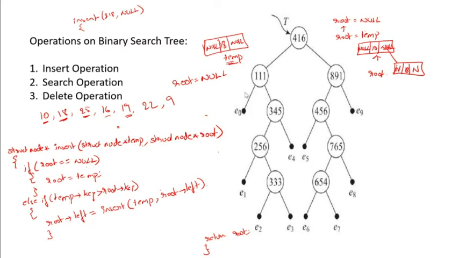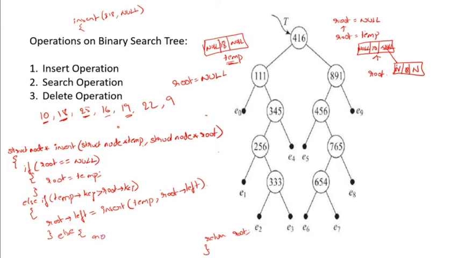Now, in the same way, can you guess what can happen for the next else? If it is not that temp hyphen key is greater than root hyphen key, this is the condition. If it is less, then I need to write that condition.